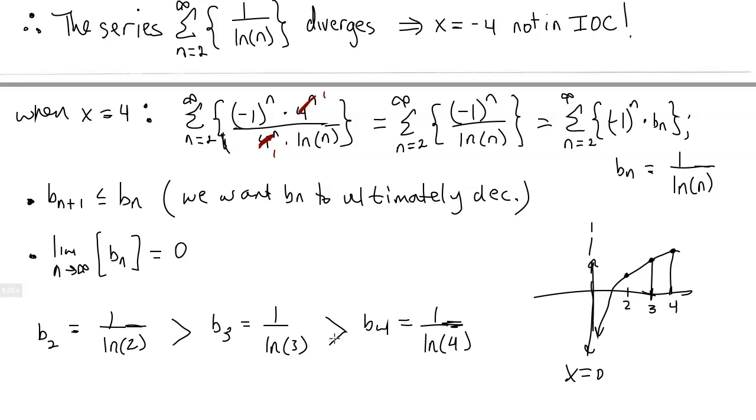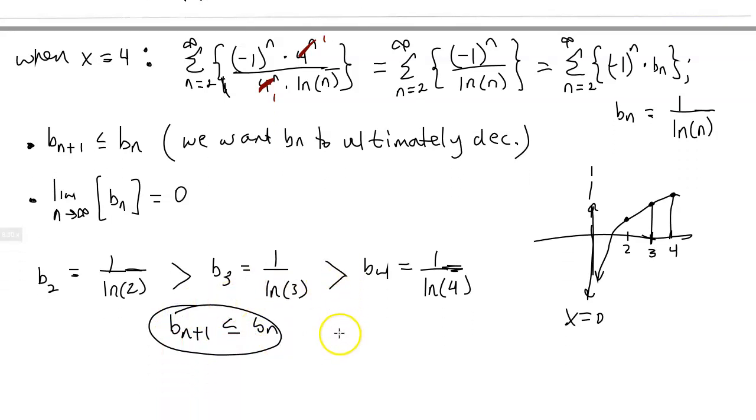Because we have 1 divided by a number whose corresponding function is always increasing, we're going to be getting smaller and smaller numbers. So this definitely does meet this condition for the alternating series test. Okay, so first one checked.